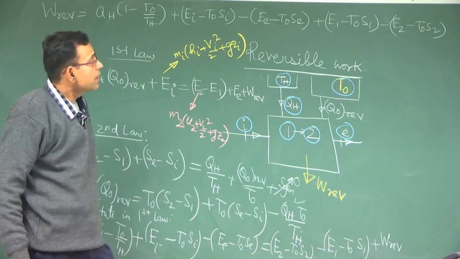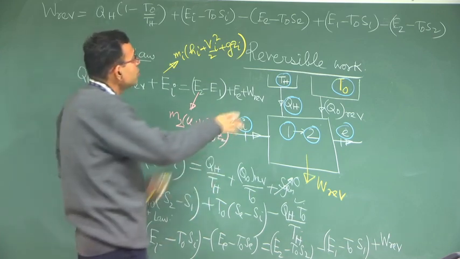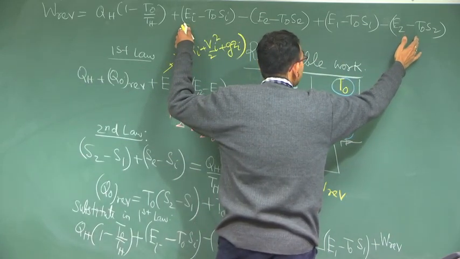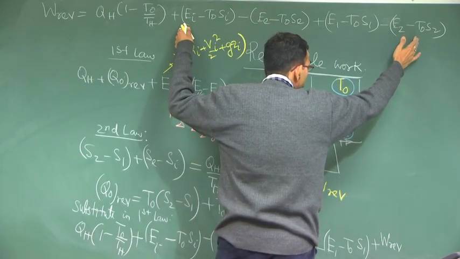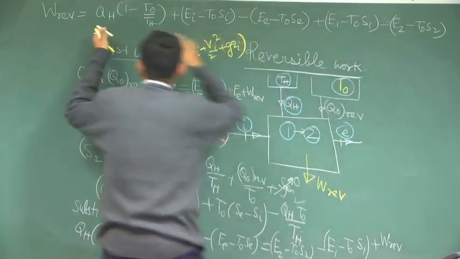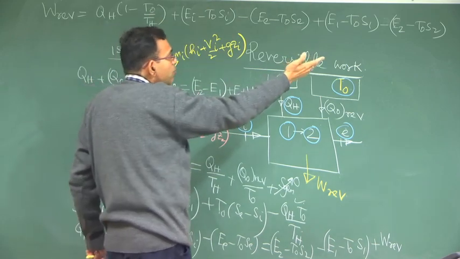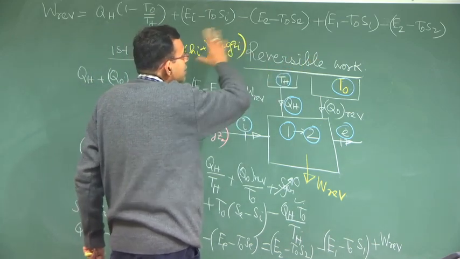So, this totality is the work potential due to the change in state, and this is the work potential due to heat transfer. So, the total maximum work that you can extract is this one.